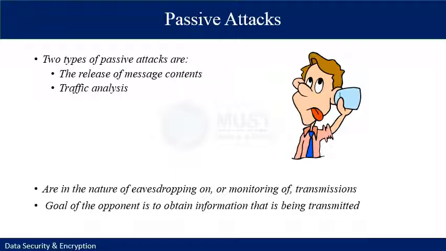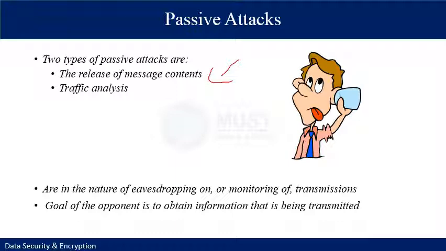The first can be mitigated if you encrypt your messages or your files using an encryption key. If someone intercepts your messages, the release of message contents will not be violated, because they will not understand the information due to its encryption.